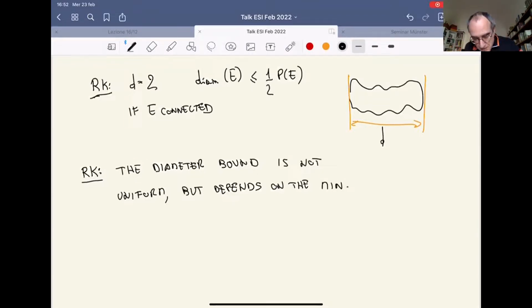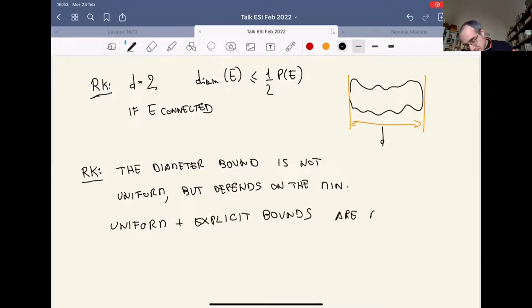So what is important here, I would say, is that uniform explicit bounds, like the one you have in 2D, for example, are missing for the minimizers.